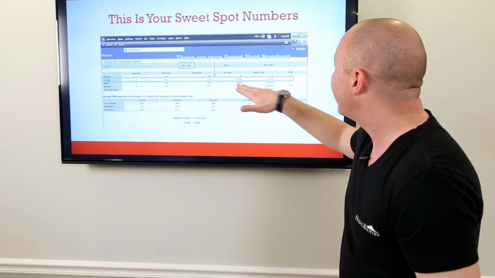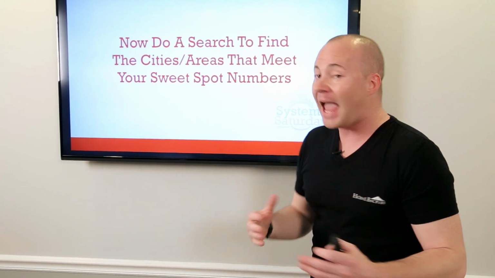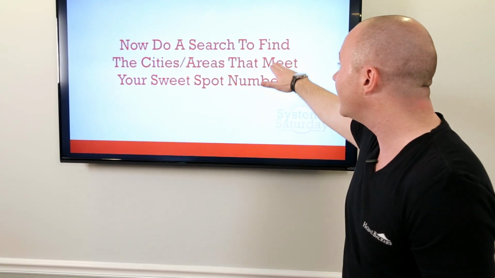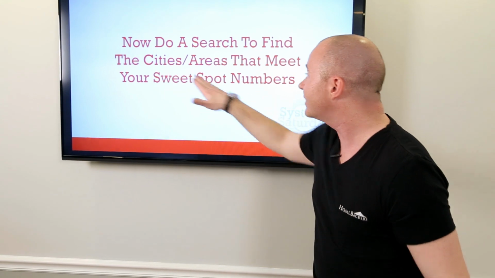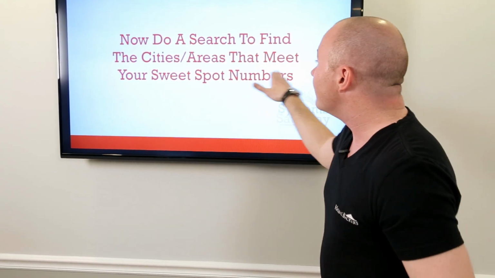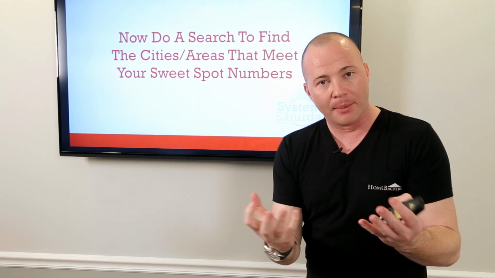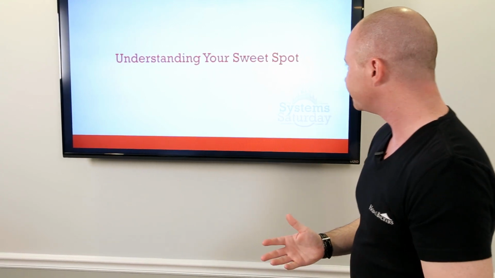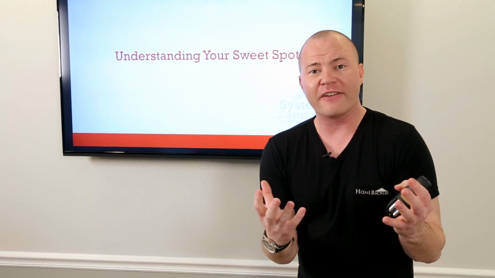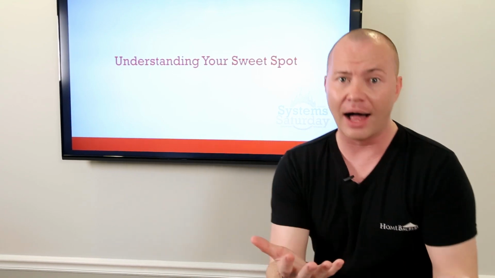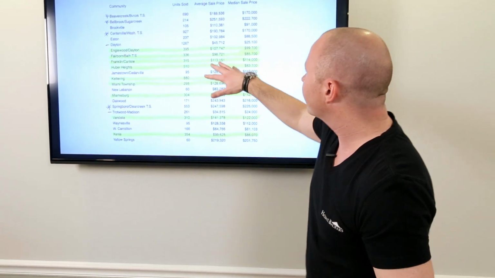Once you've identified your sweet spot numbers, now you need to do a search to find all the cities or areas that meet those sweet spot numbers. You've got to go find all those areas, and by finding them, it's going to tell you a lot about your sweet spot. Check this out.